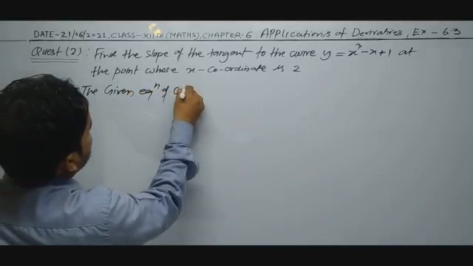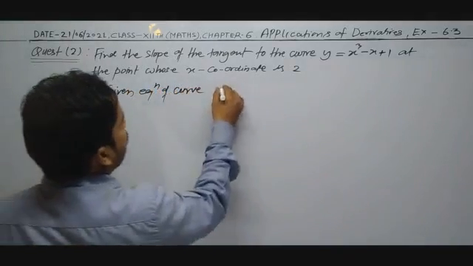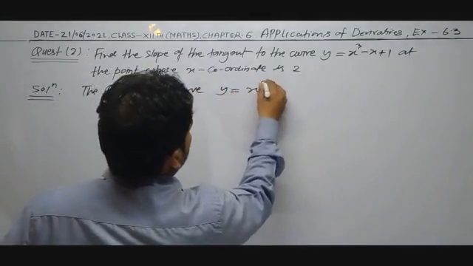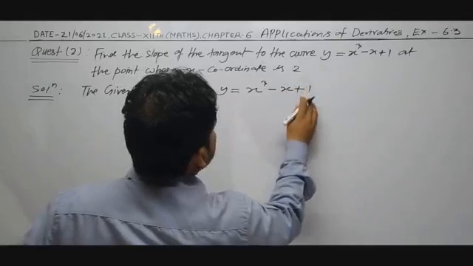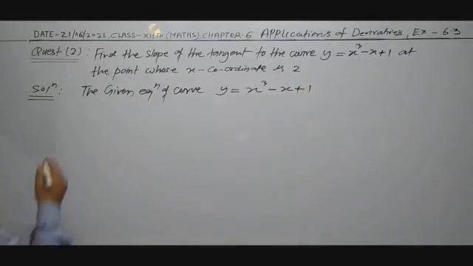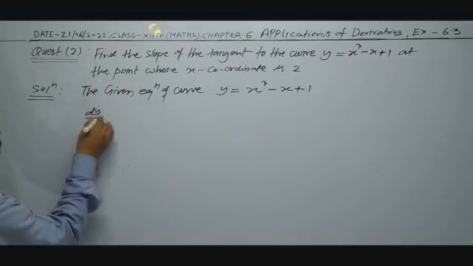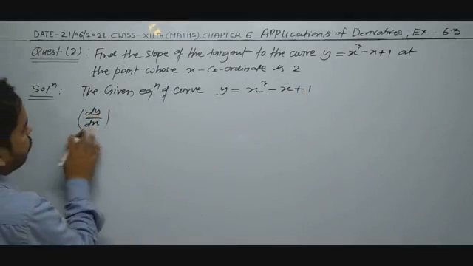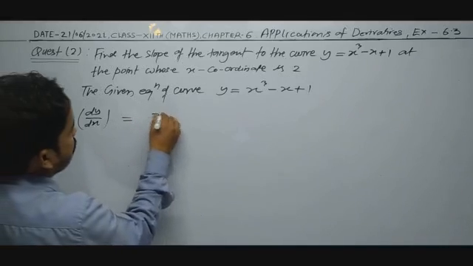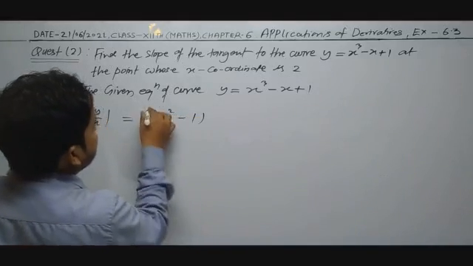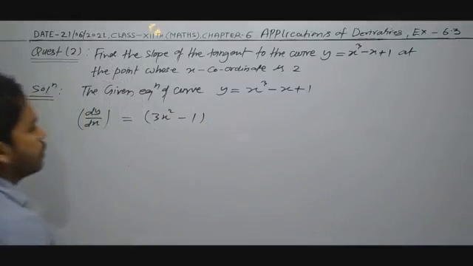The given equation of curve is y is equal to x cube minus x plus 1. So differentiate the function. If you differentiate, dy by dx is equal to 3x square minus 1. This will be the result.